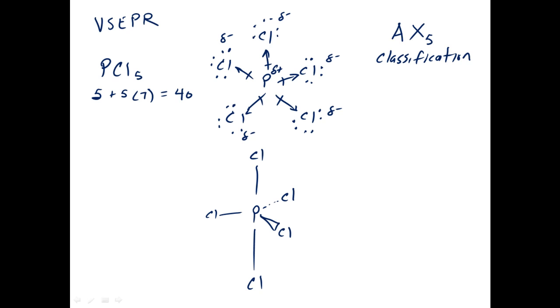Now remember that these chlorines are called equatorial chlorines. These are on the equator, and this chlorine and this chlorine are called the axial chlorines because they're in line with the phosphorus here. So this geometry is called trigonal bipyramidal.